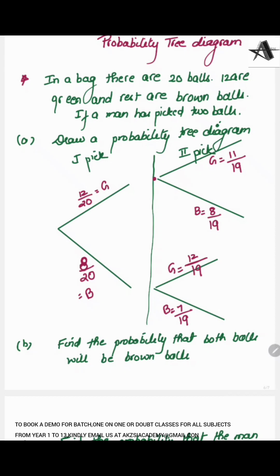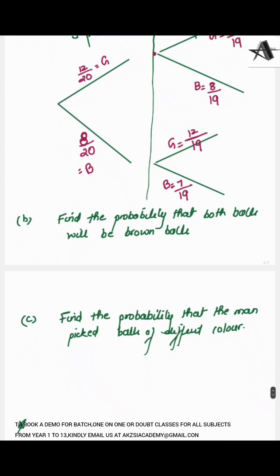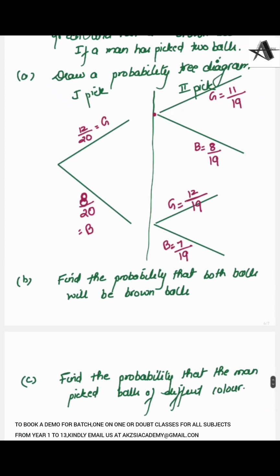We have to show all the possible ways and the 2 events that are occurring consecutively. The question is, find the probability that both balls will be brown. Both balls will be brown, that means brown from the first pick and brown from the second pick. So we have to select this branch.